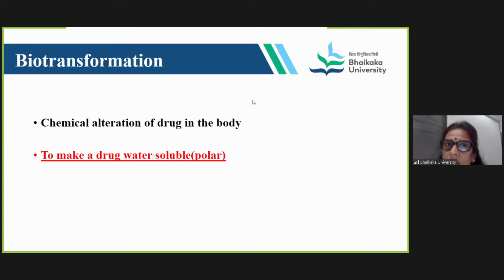Please remember again these terms: water soluble, lipid soluble, non-polar, polar, unionized and ionized drug. The lipid soluble drugs which are absorbed and distributed now undergo chemical alteration to make that drug water soluble. That is the importance of biotransformation.